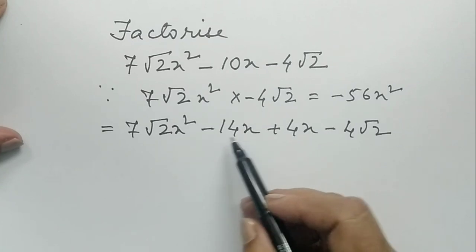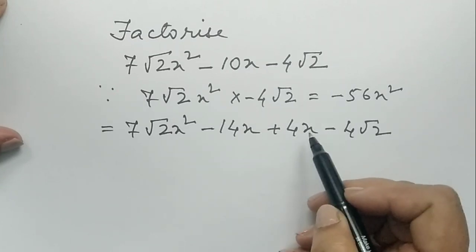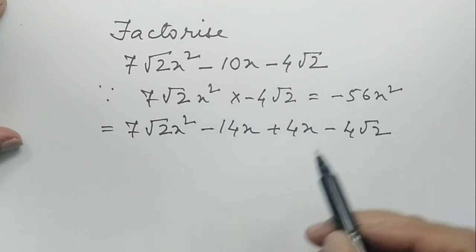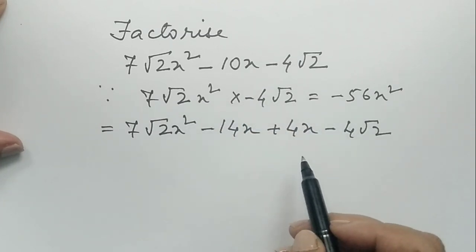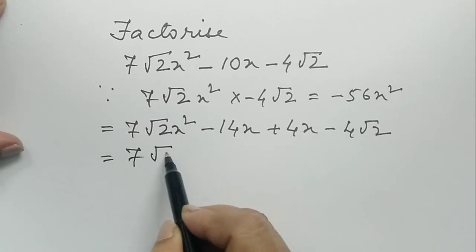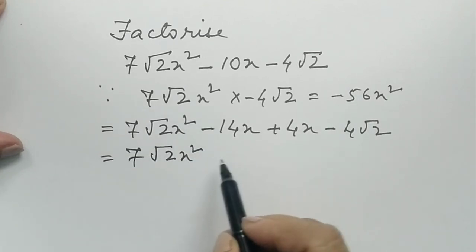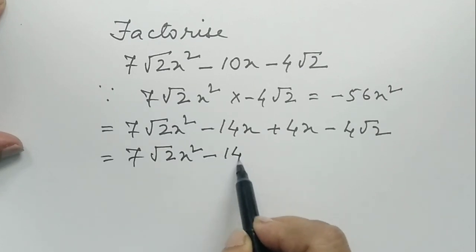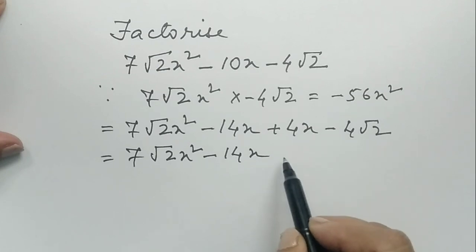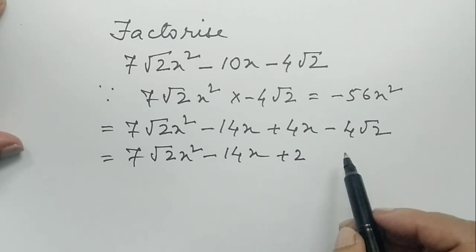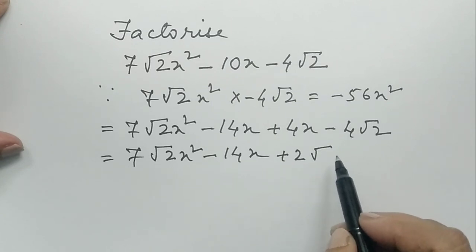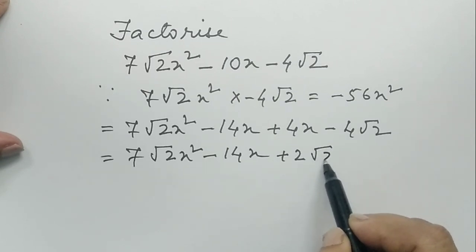But minus 14x plus 4x would also give me minus 10x. So that is very interesting. So we are not done yet. Some more steps need to be resolved. So 4 is to be written in this manner before we go on with choosing our common factors.